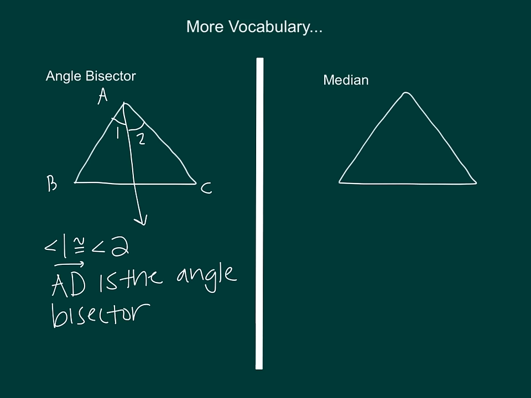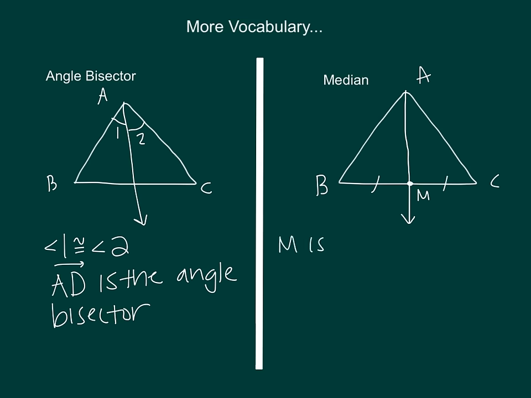Let's talk about median. So, median, if I label my triangle again, the median is going to come from one of my vertices, and it's going to go straight down. Now, what this does is it actually, let's say this is point M, this is actually going to cut this bottom side into two congruent pieces.